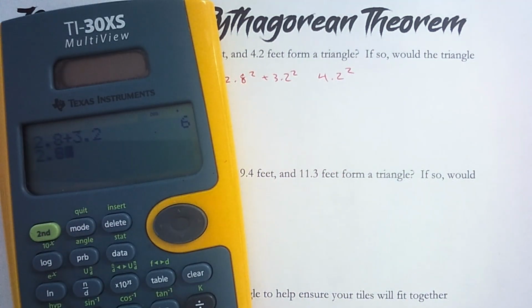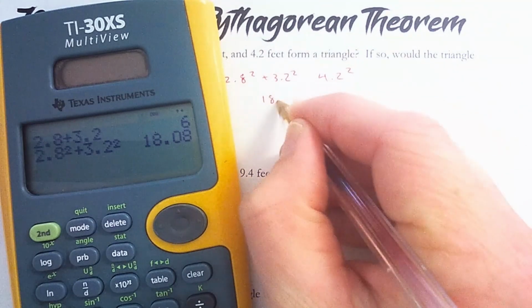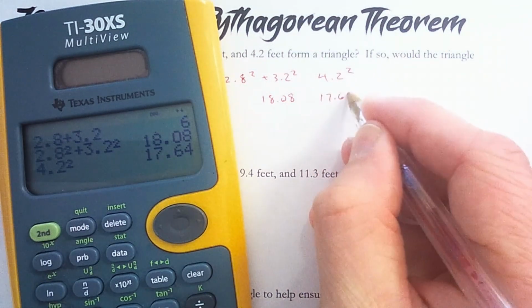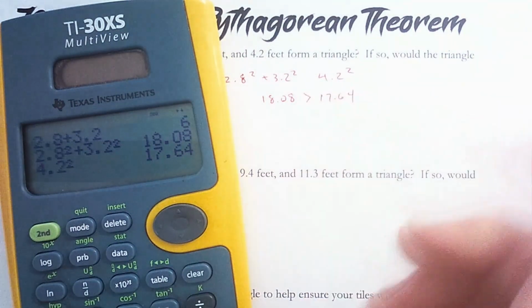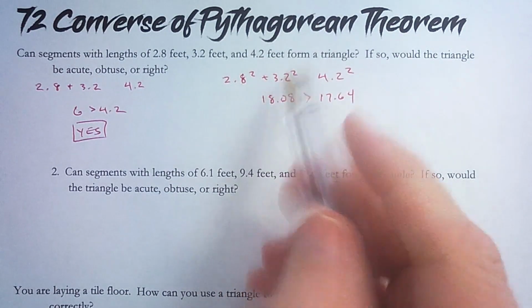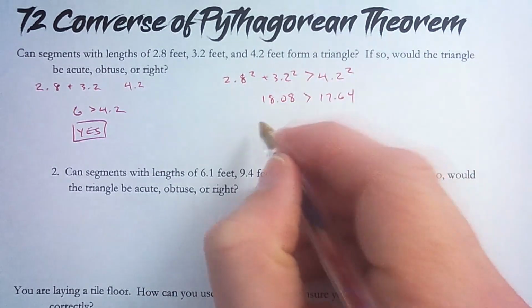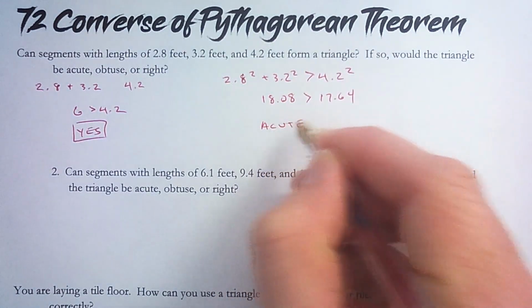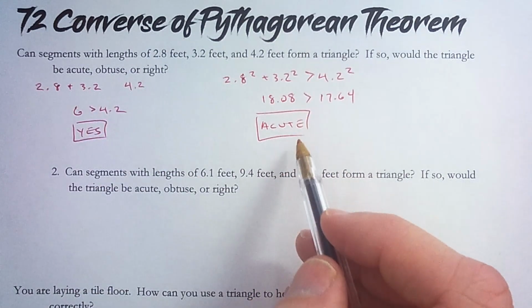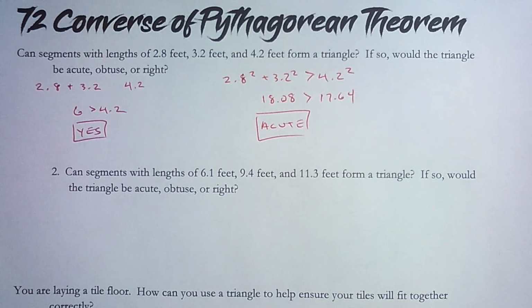Okay, so 2.8 squared plus 3.2 squared is 18.08, and 4.2 squared is 17.64. 18.08 is greater than 17.64, so a squared plus b squared is greater than c squared. This triangle would be acute. So yes, these lengths can make a triangle. That triangle would be acute.